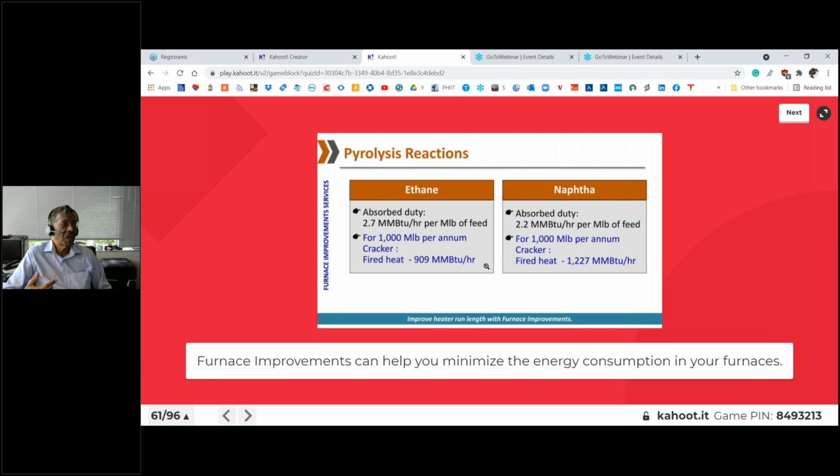So now the question is, how are we providing this energy? We have been talking about cracking being an endothermic reaction, and how are we providing the energy?